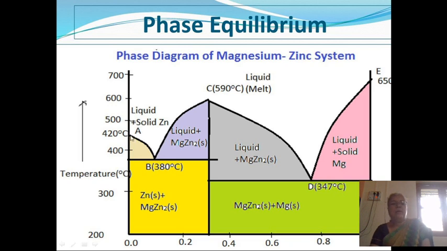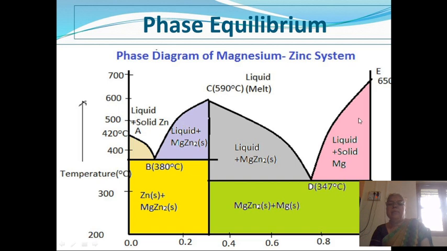Here 420 degrees centigrade is the melting point of solid zinc, and 650 is the melting point of solid magnesium.